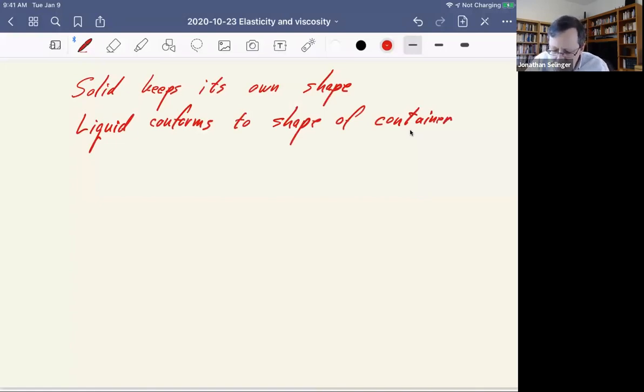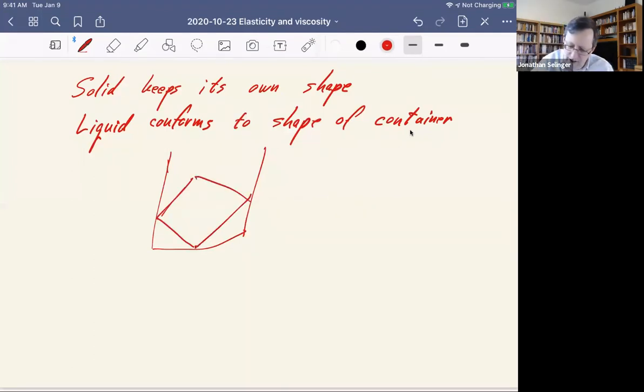So, suppose we put some block of material into a container, okay? So, here's a block of material. The material, at least initially, has a shape that's different from the container, okay?